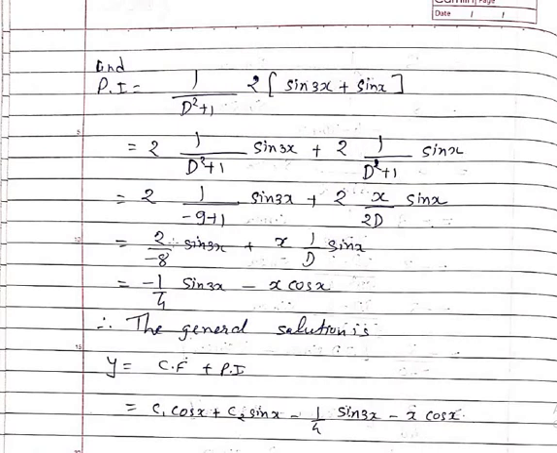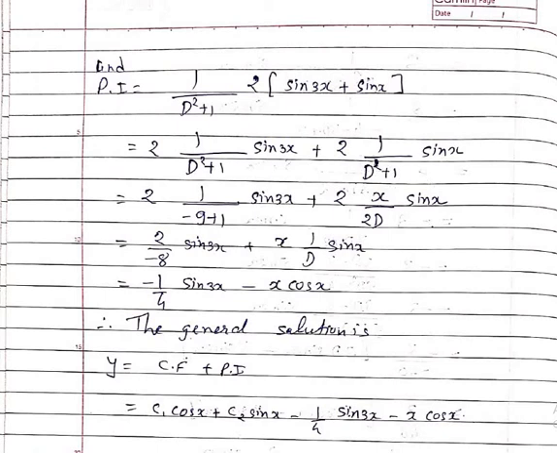In the first one, you have to replace d square by minus a square. A is 3, so d square will be replaced by minus 9 because 3 square is 9 and minus a square is minus 9. But in the second one, you have a is equal to 1. So d square will be replaced with minus 1, and if you are replacing it with minus 1, then the denominator will be 0.